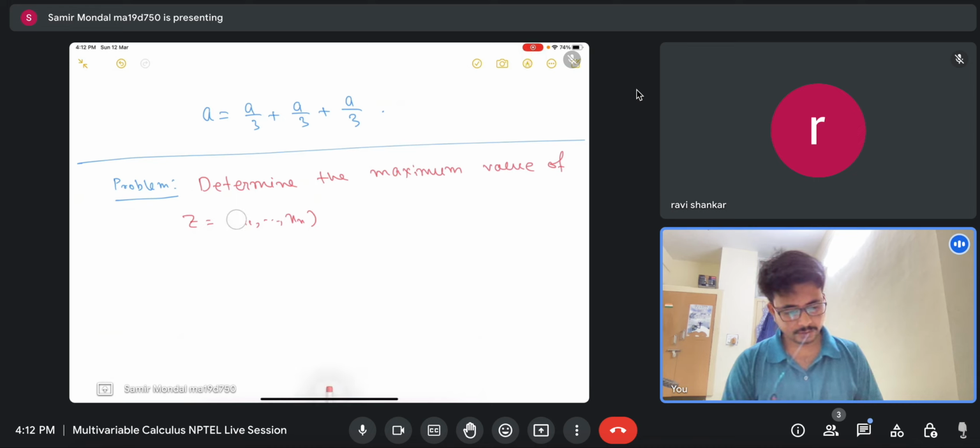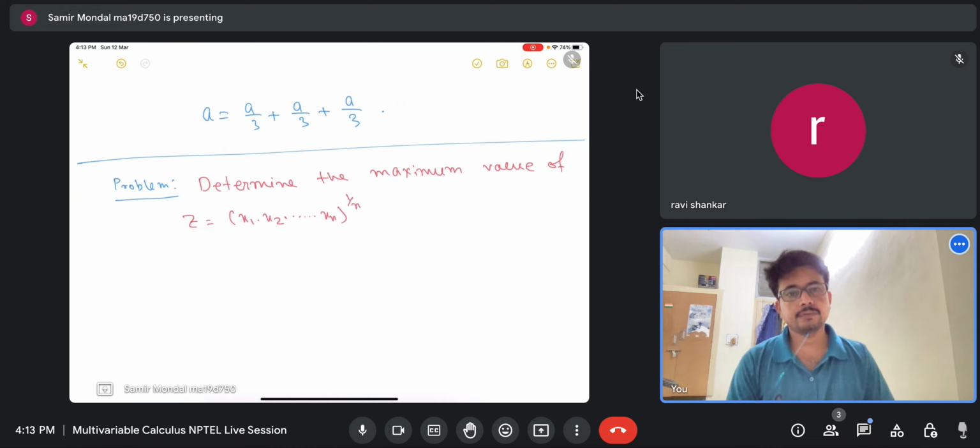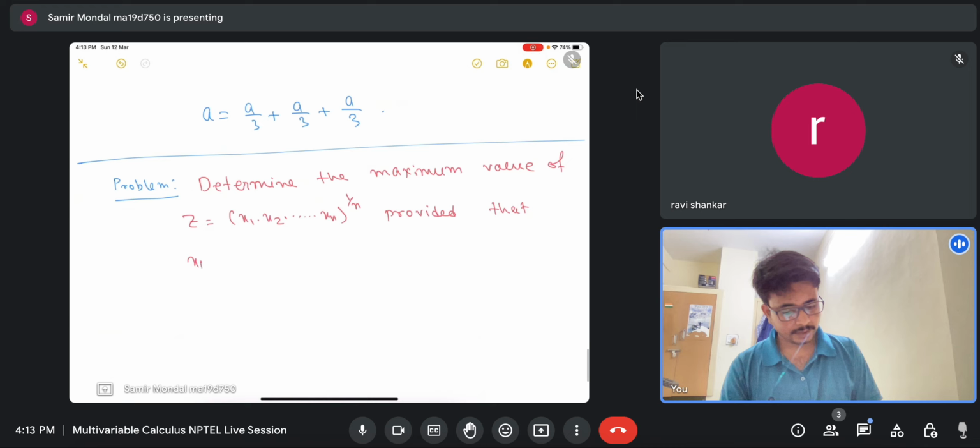You have to determine the maximum value of z equal to the nth root, that is, power 1 by n, of the product x1 x2 up to xn, provided that the sum x1 plus x2 and so on up to xn is a.